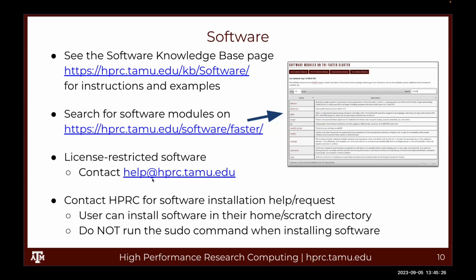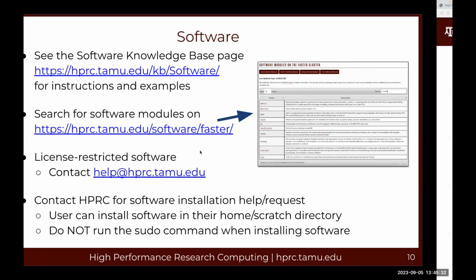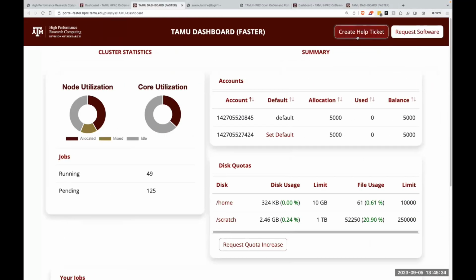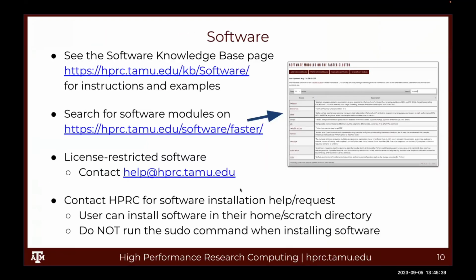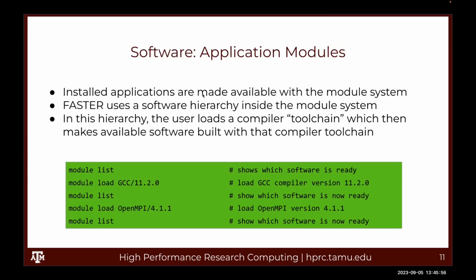If you're having any other issues, you can also email this message or navigate to the create a help ticket on the dashboard, and we can help you through that. And very briefly, I want to say, whenever you are installing software, there should never be a time when you need to use sudo to install the software. If you're facing that, just go ahead and reach out to us so we can make sure everything works fine.